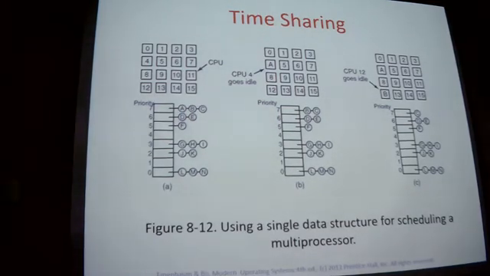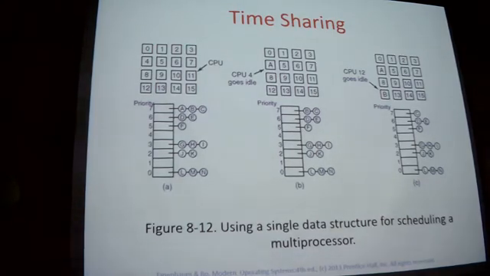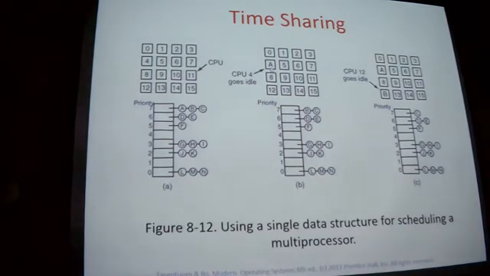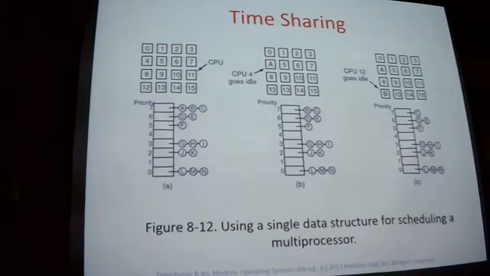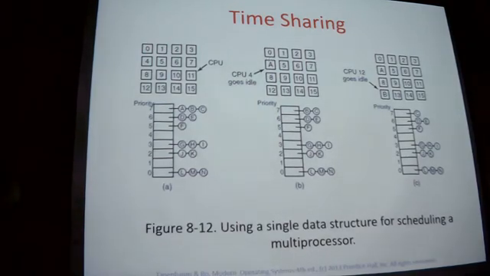If a CPU is idle, we allocate the first one in the order to this CPU. Each CPU can handle a process, so with multiple processors we can shorten the response time.